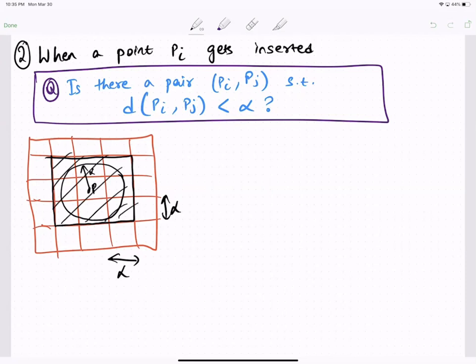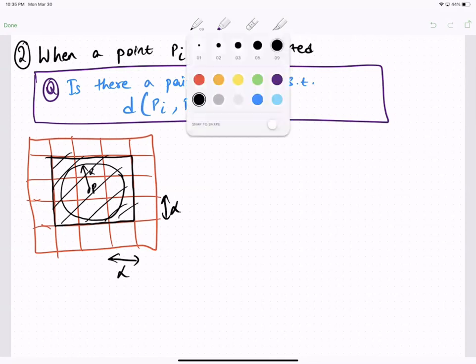This should be very obvious, because I'm just showing this point P and drawing a disk around it of radius alpha, and that cannot cross these 9 cells that are being shaded here. So if you want to answer this question, we just have to look at these 9 cells. That's it, and we'll get our answer.